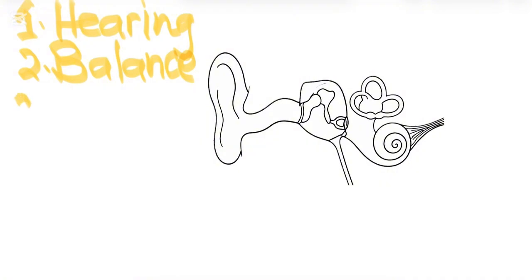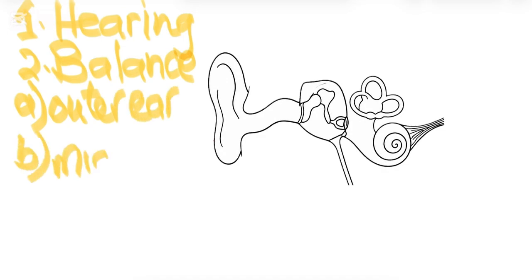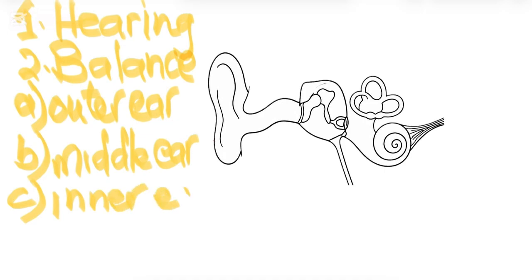The first section is the outer ear. The second one is the middle ear. And the last one is the inner ear.